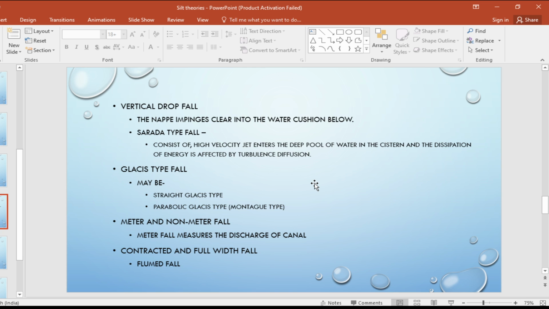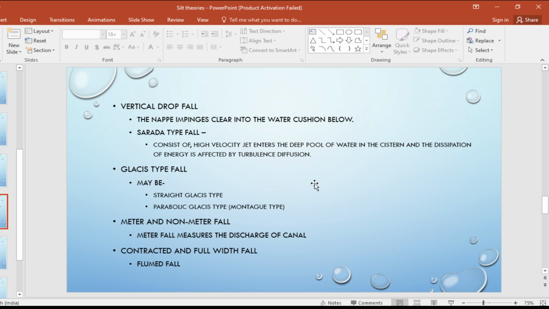These were later abandoned because the timber grid got clogged and rotted and had to be replaced frequently. The Sarda type falls developed on Sarda Canal projects.